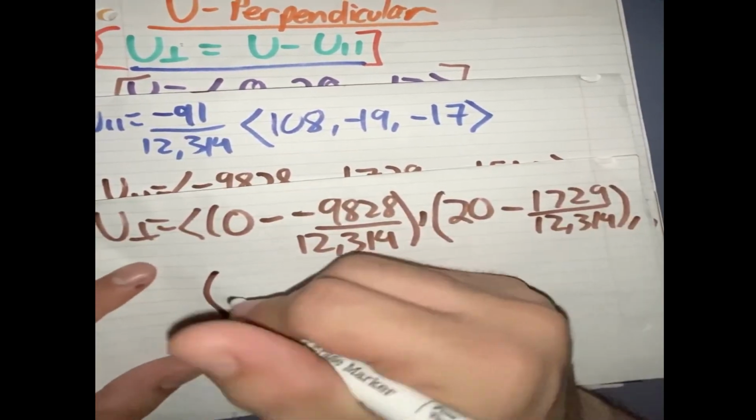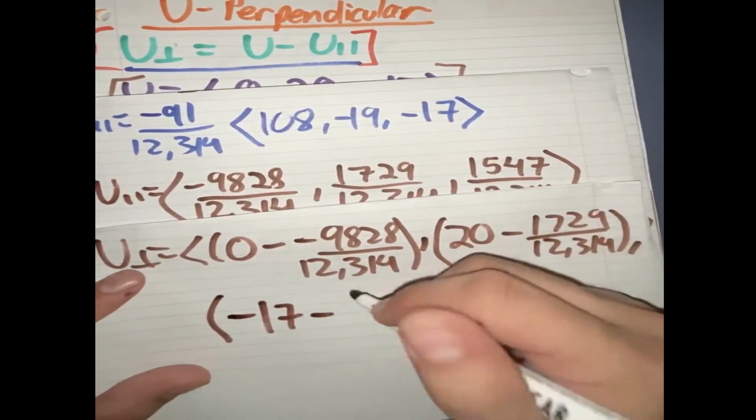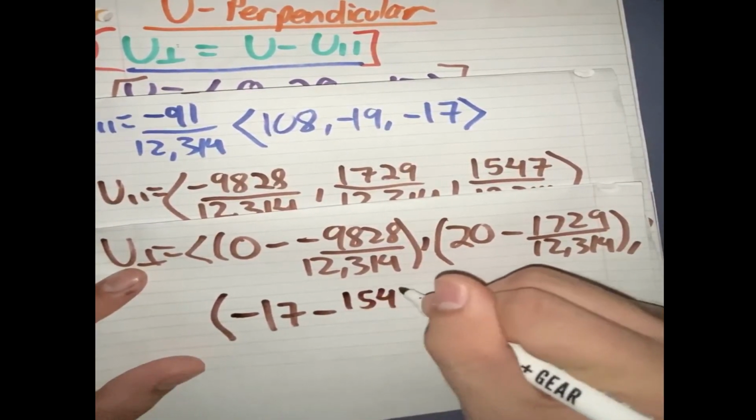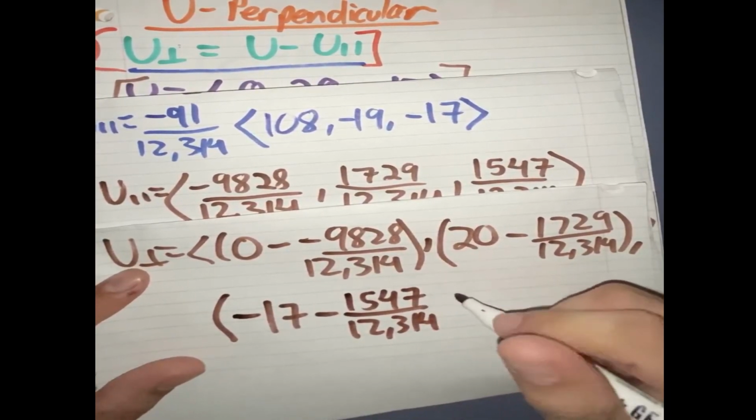Negative 17 minus 1547 divided by this number.